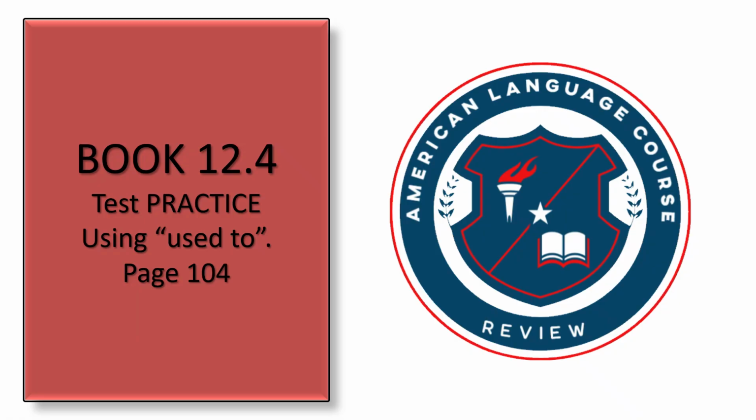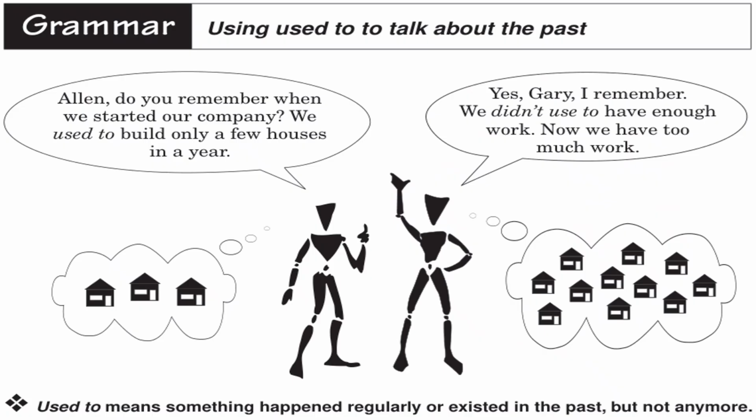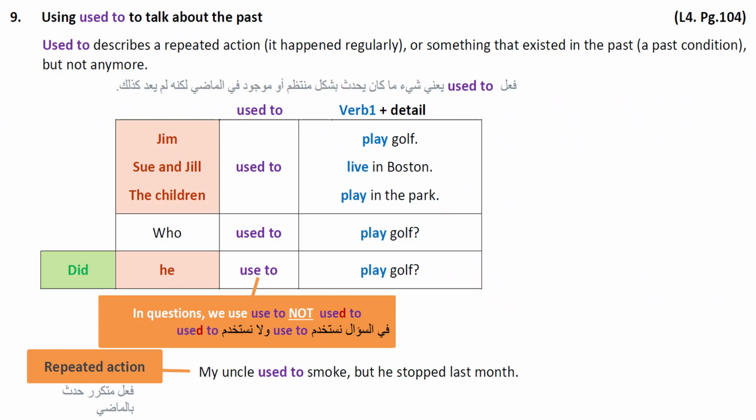Book 12, Lesson 4. Test Practice. Using used to. Page 104. Grammar. Using used to talk about the past. Used to describes a repeated action.